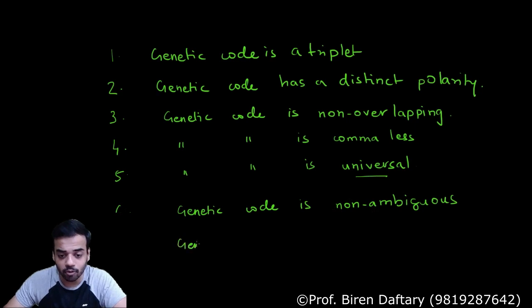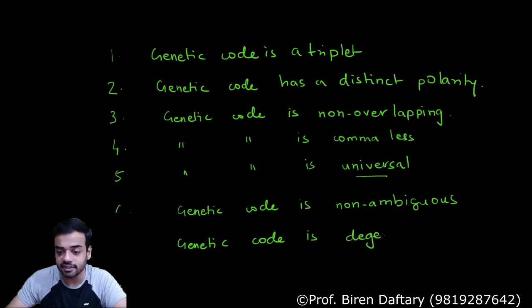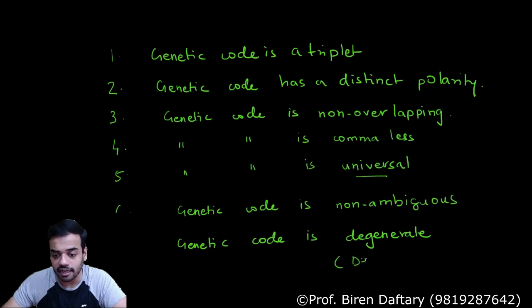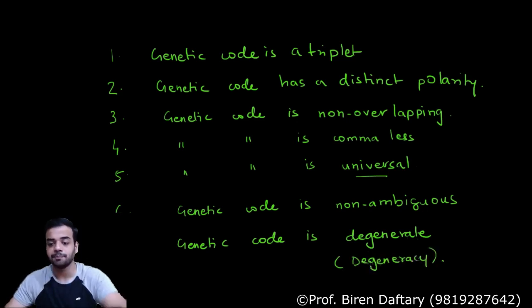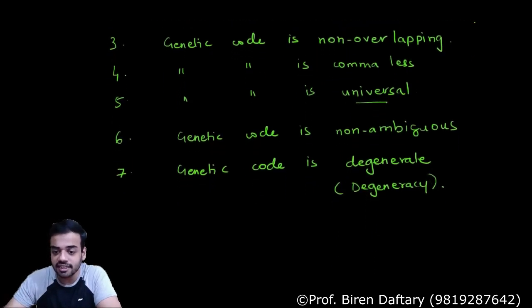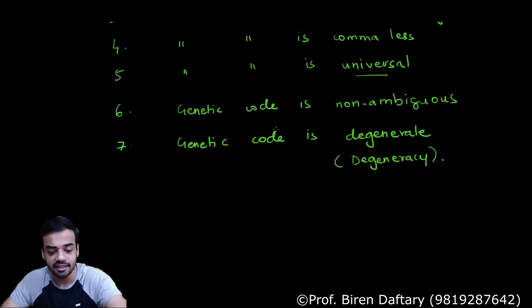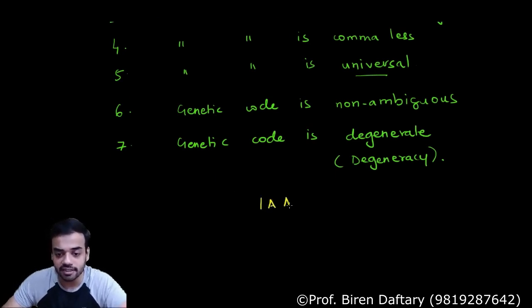So the 7th point is genetic code is degenerate, or it is also called degeneracy of genetic code. What is the meaning of degenerate? Degenerate means, now just see how I am writing this statement. One amino acid can be coded by more than one codon.